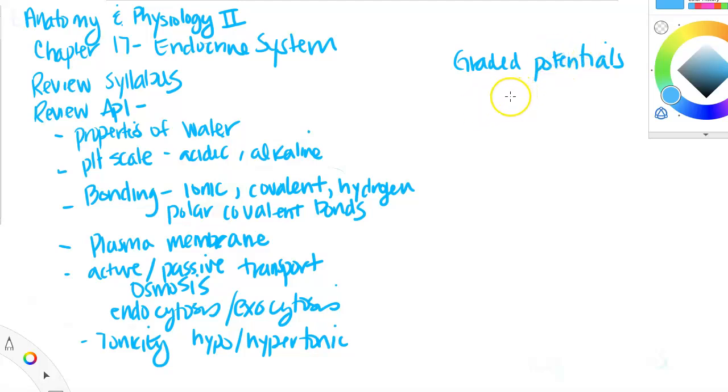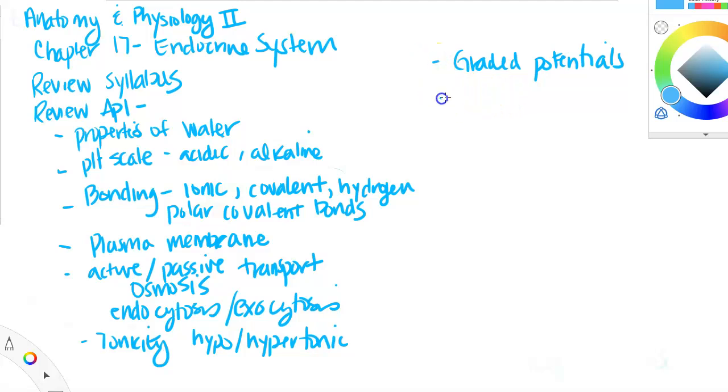Make sure you understand how the chemical gates cause the graded potential, and that their strength depends on how much neurotransmitter can come over and bind to those chemical gates. That dictates how strong a graded potential is going to be, so the strength of those graded potentials can vary.